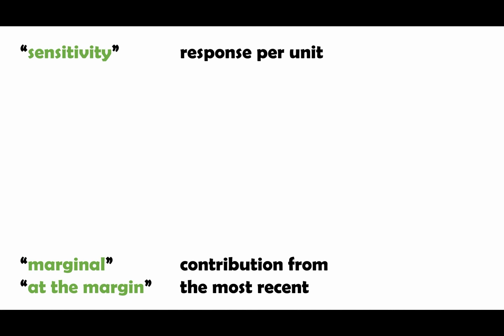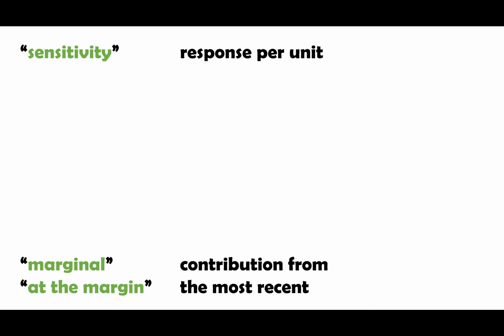There are some people who are very sensitive to sunlight. So in that same amount of time, that same 15 minutes, their skin will change a lot. It'll have a strong response. So they are more sensitive than I am. If you ask an economist what marginal means, they sometimes use the phrase at the margin. They'll tell you something like, that's the contribution from the most recent input.